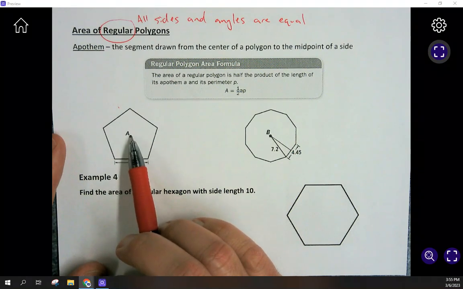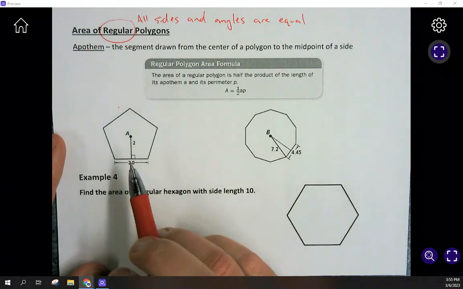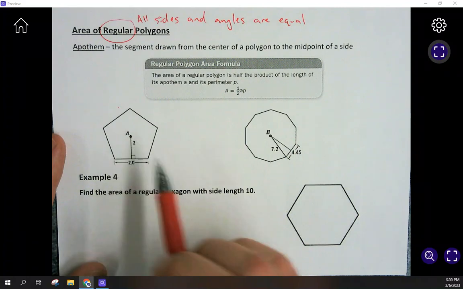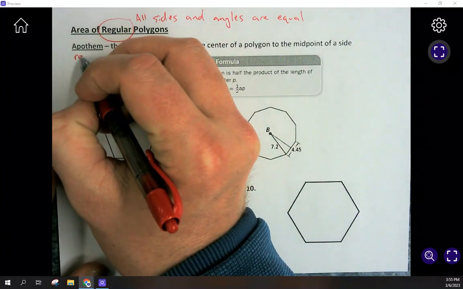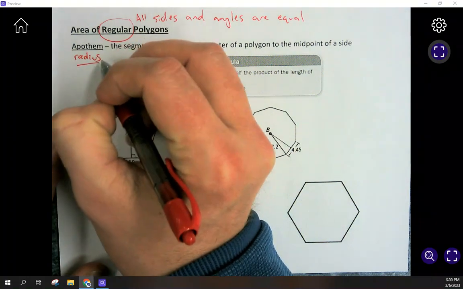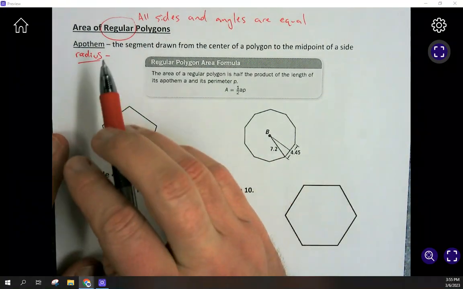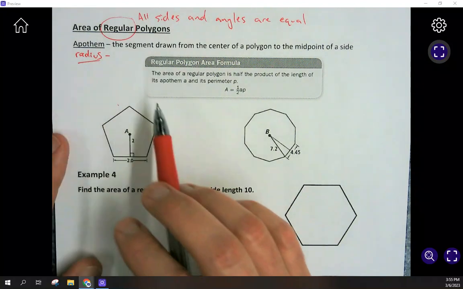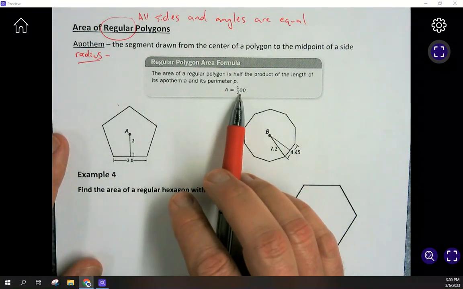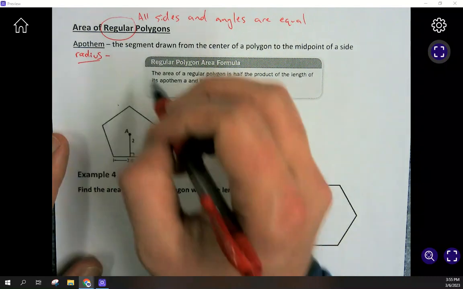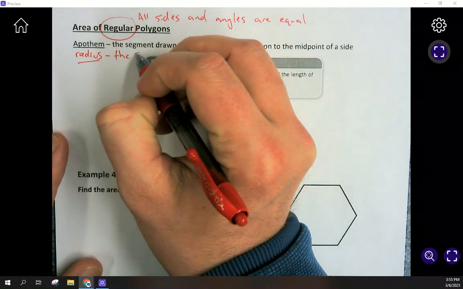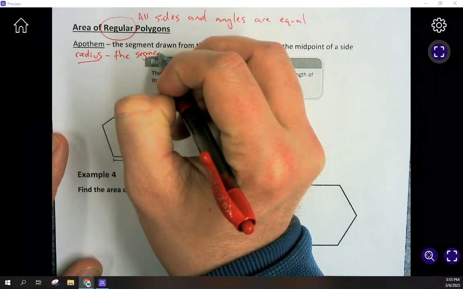Now notice that's different than what's called the radius of a polygon. The radius of a polygon, let's go ahead and define it, even though we're not going to use it in this section. We got to know the difference because sometimes they will actually give you the radius and you can't use it for the apothem. So you got to be careful. The radius is, we're going to kind of mirror this definition.